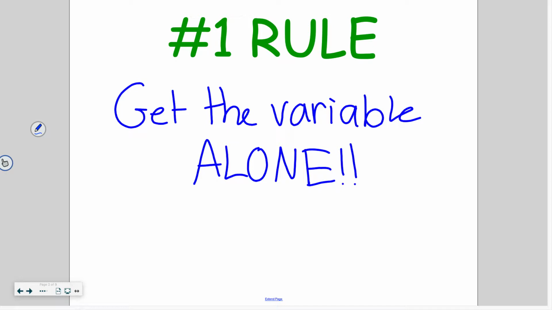Whether that means the variable is the only thing on the left side of the equal sign or the only thing on the right side, it needs to be by itself, completely isolated from all of the numbers. So our goal is always to get the variable completely by itself.